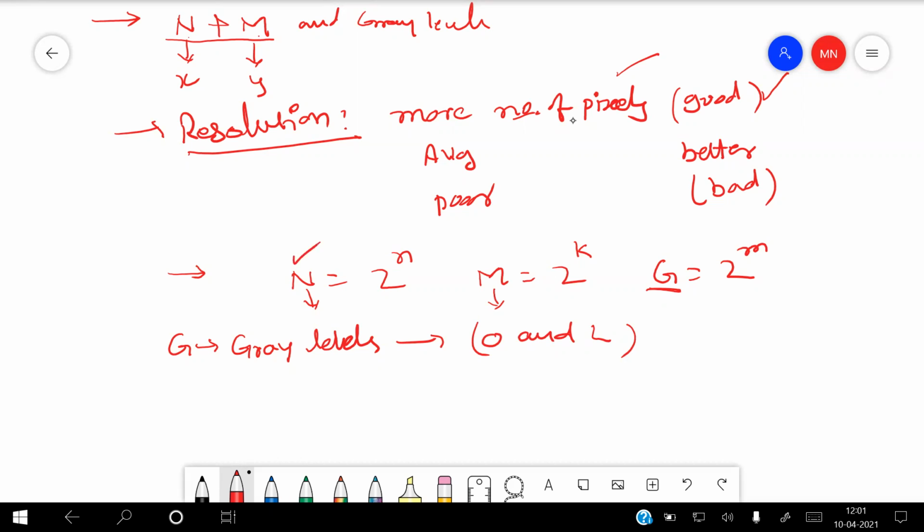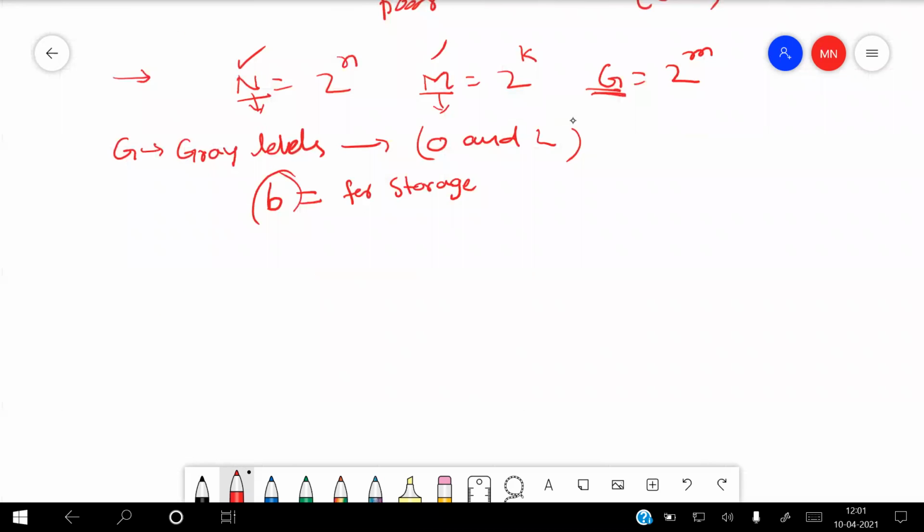After taking these three, N, M, and G, into consideration, B is the required number of bits for storage. The combination of N value, M value, and gray level is nothing but the total number of bits. So B bits are required to store a digital image: B is equal to N into M into small m.